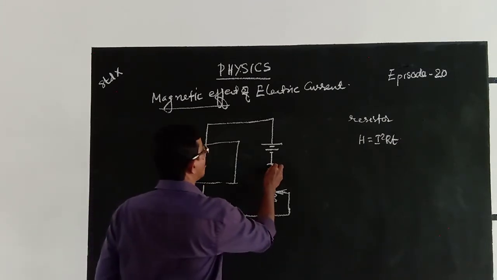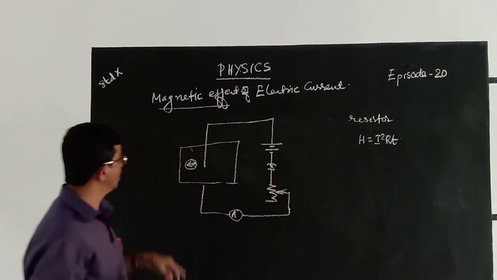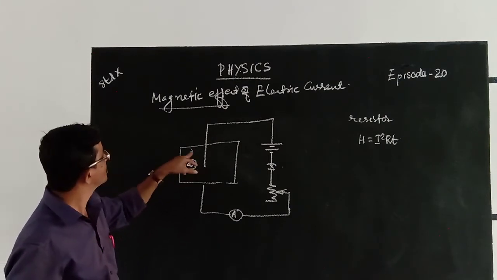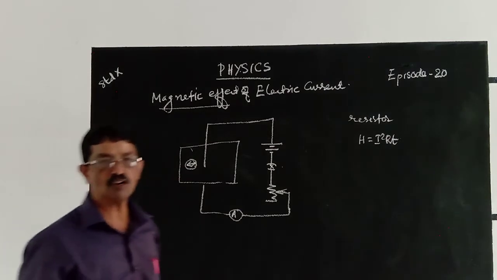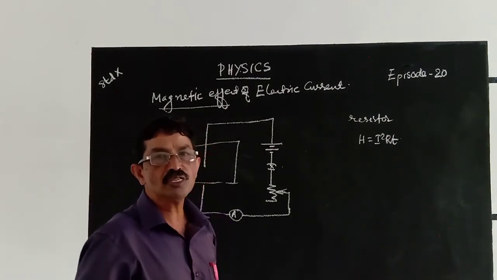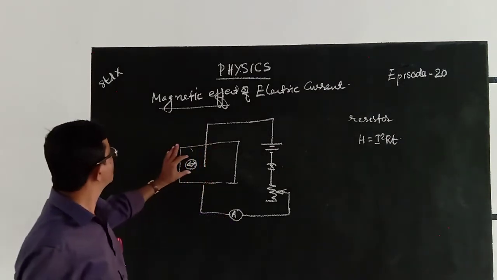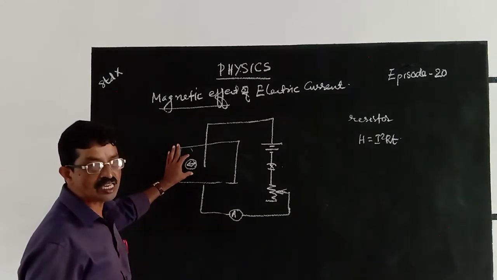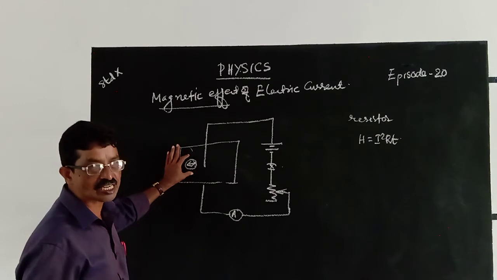Then switch on the plug key and observe the direction of this magnetic compass. Now you see a change in its direction.